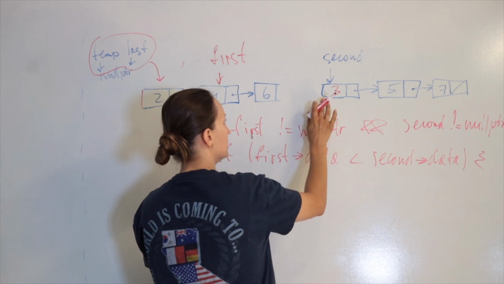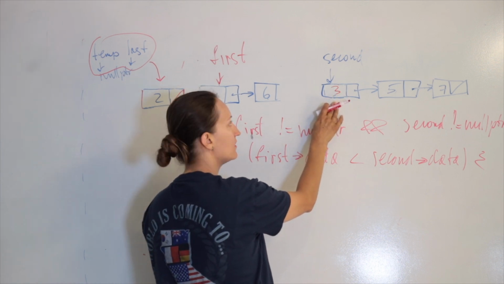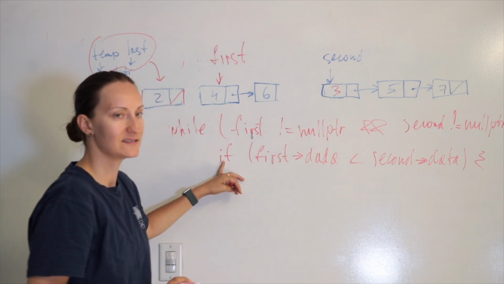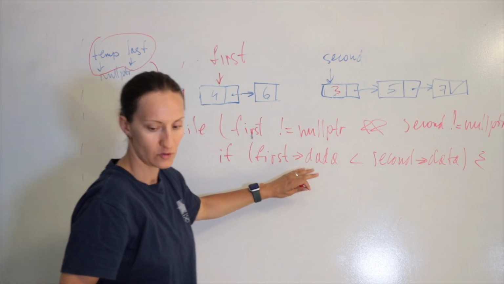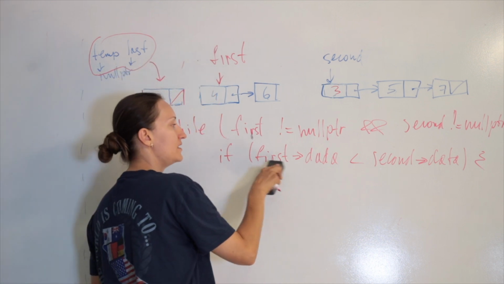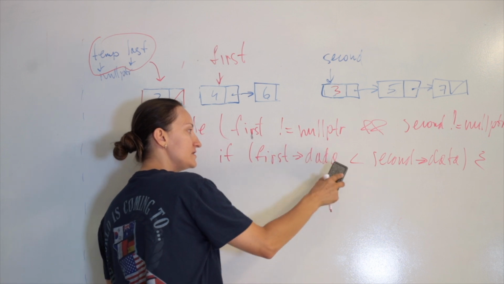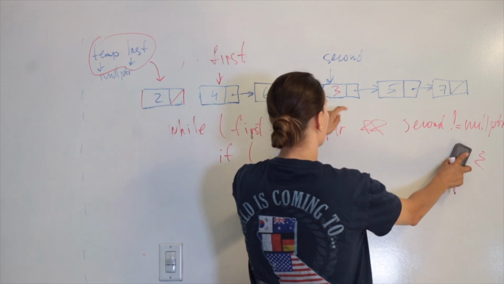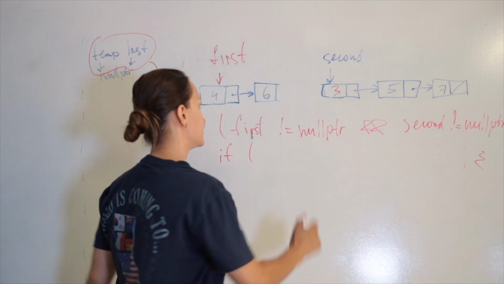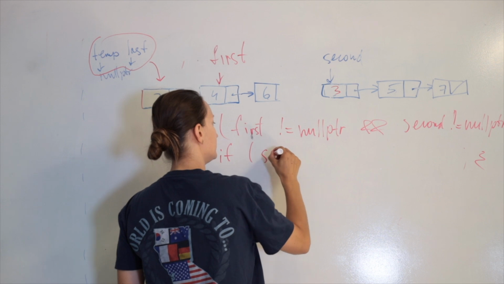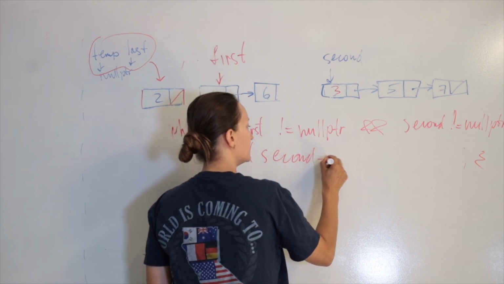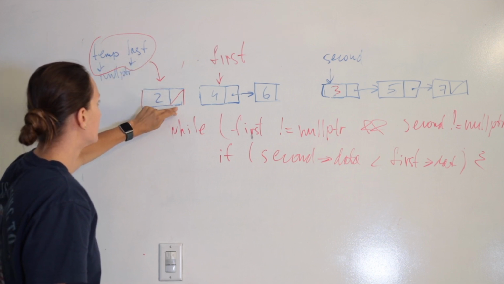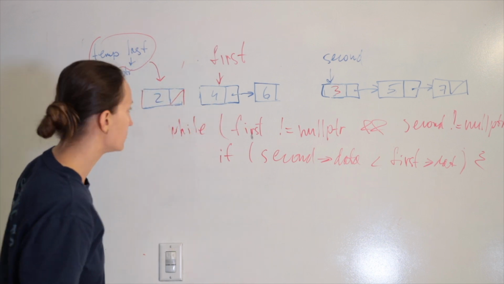For this example, because I have the smallest value in the second list, I will write this second statement. We have to do the same thing for the first data, but I will flip it, because in our example our smallest data is in the second list. If second data is smaller, let's point last next to this smallest node.